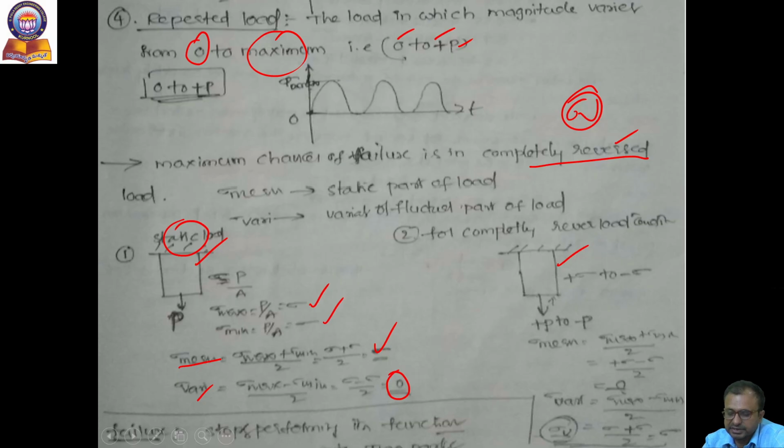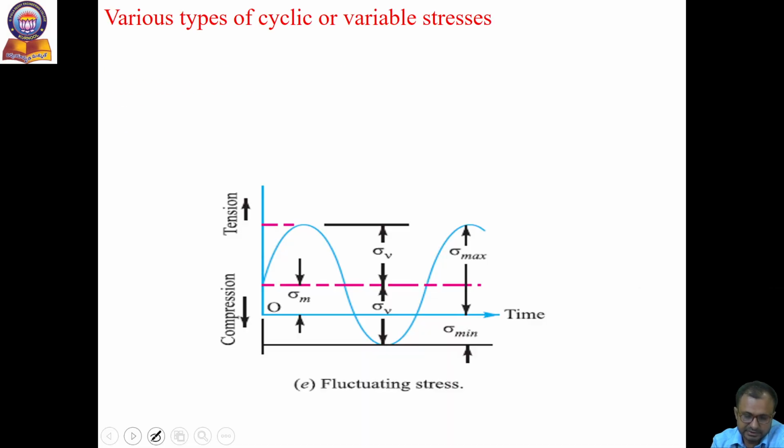In case you are taking the reversal load, this is plus P to minus P. If we calculate, sigma mean value is 0 and sigma variable value is sigma. So in complete reversal loading, mean stress is 0, only variable stress is acting on this part.